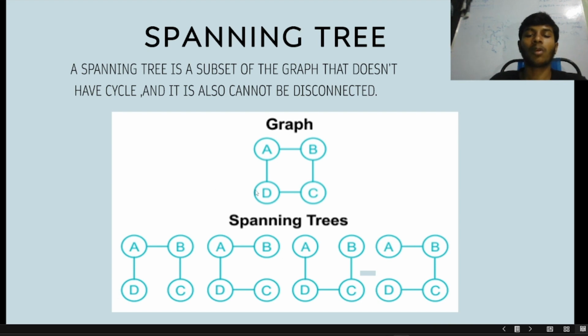If we have 4 vertices, then we can form 4 power 4 minus 2 spanning trees. That's all about the spanning tree.